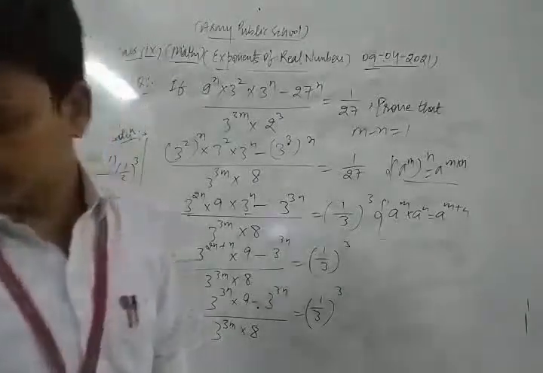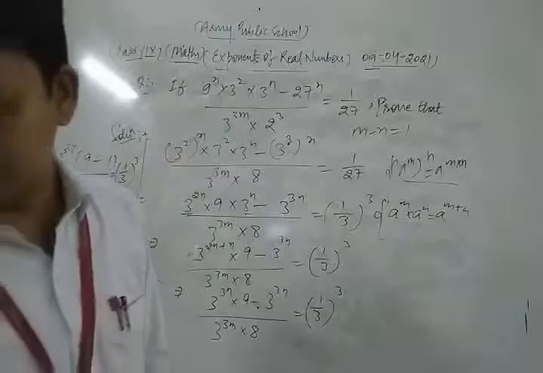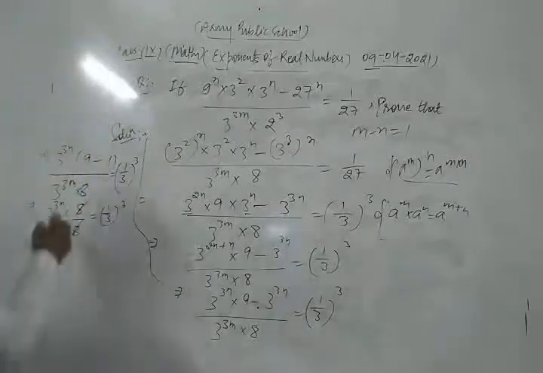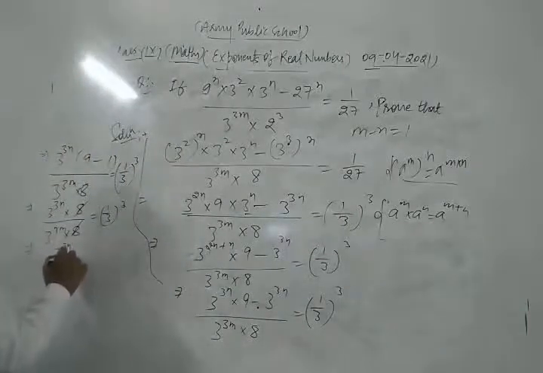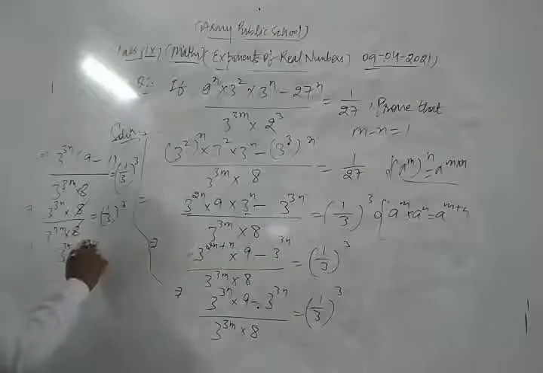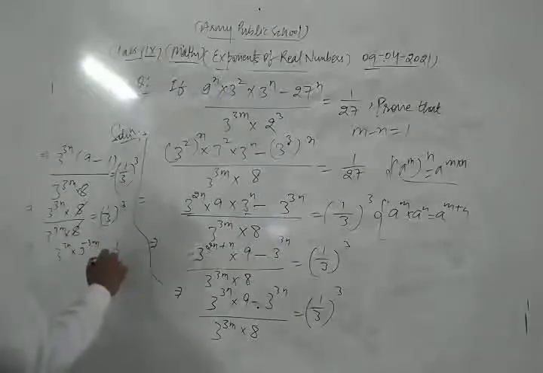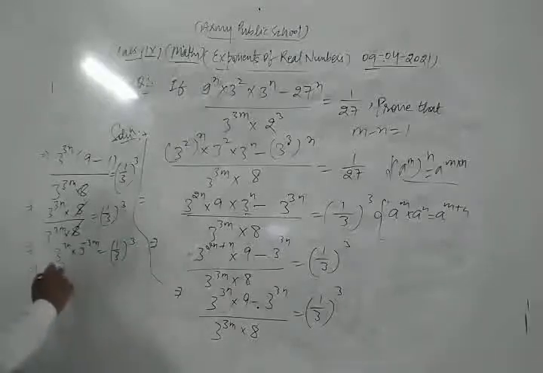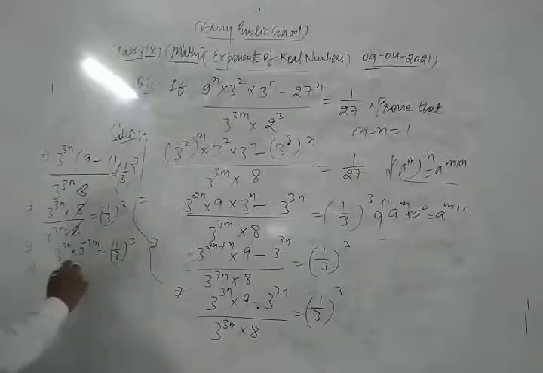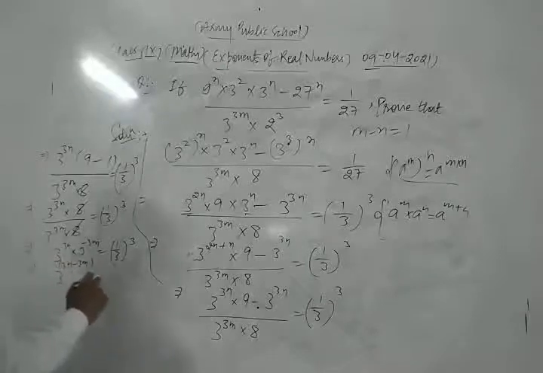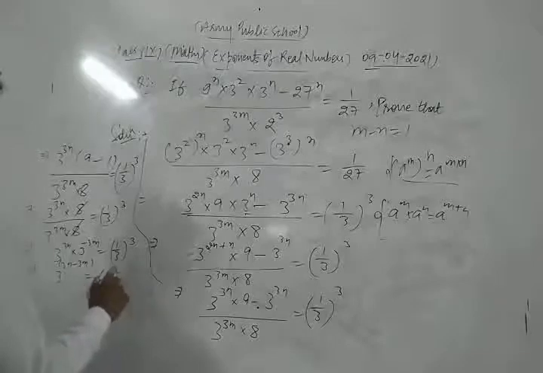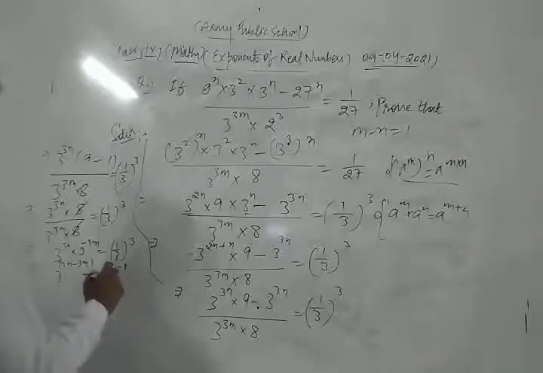Dear students, let's see. Now here we write 3 power 3n into 3 power minus 3m, it's equal to 1 upon 3 to whole power 3. So now we get 3 power 3n minus 3m, whole power. Here we write as 3 power minus 3, we can write.